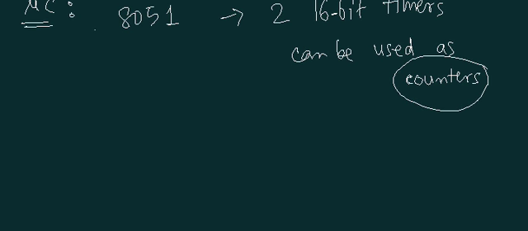There are two timers available. How many timers do we need to use as counters? One. For counting we have to use one.